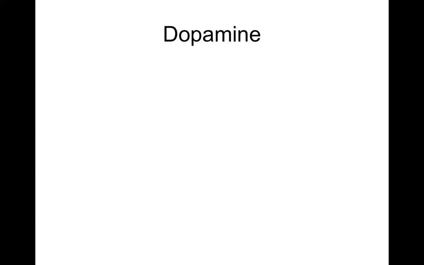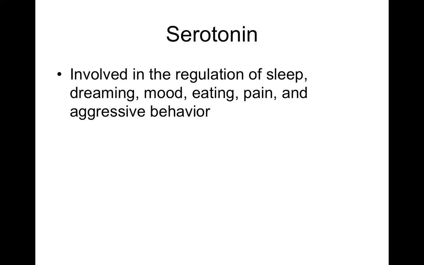Serotonin. Low levels of serotonin have been shown to be associated with depression, and it is involved with regulation of sleep. You can buy serotonin over the counter now. You can buy it at Walmart if you want to. Dreamy mood, eating, pain, and aggressive behavior.